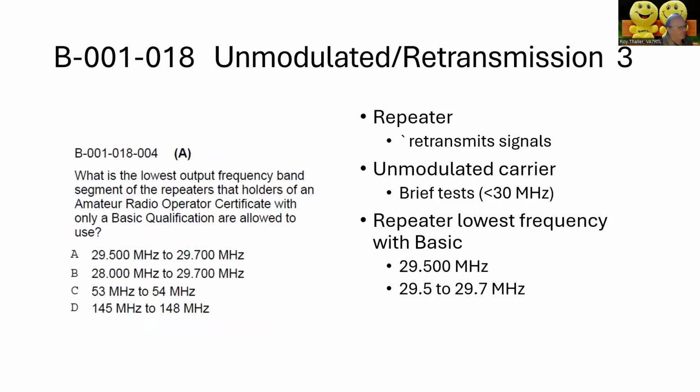What is the lowest output frequency band segment of repeaters that holders of an amateur radio license with only a basic qualification are allowed to use? So that would be A, 29.5 to 29.7 megahertz.